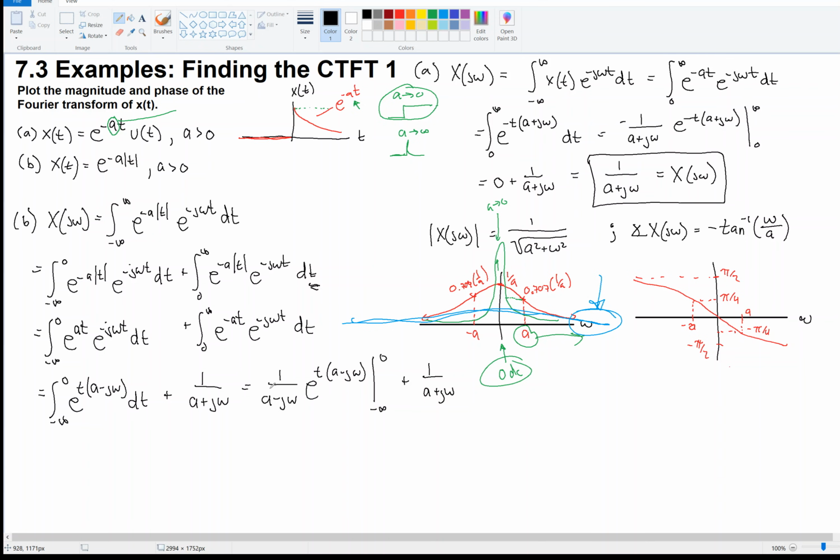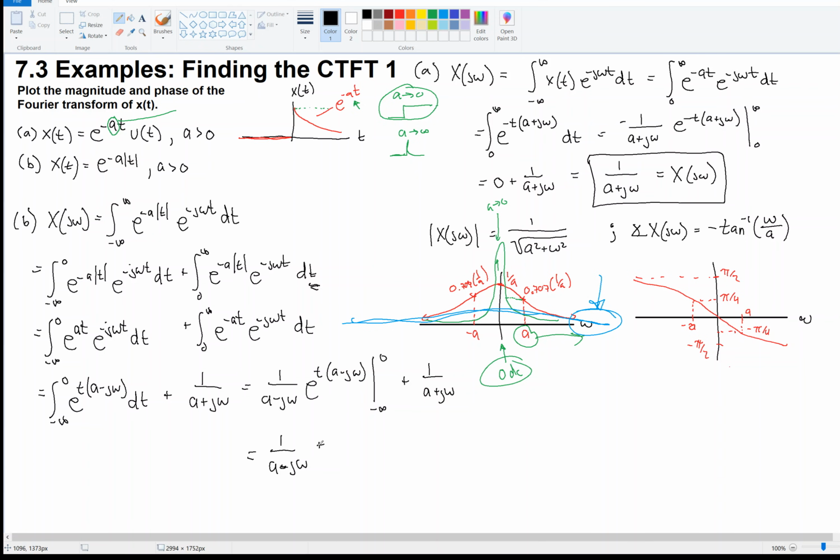That cancels with 1 over a minus j omega, and so yes, I get back the integrand. So now I will plug in 0. e to the 0 is 1. And then when I plug in minus infinity for t, e to the minus infinity is 0. So that's the answer to that integral.